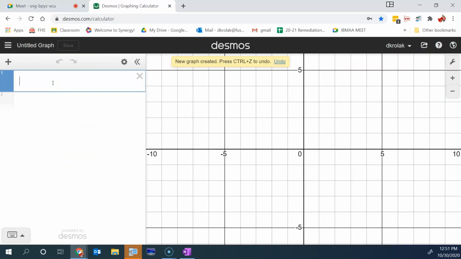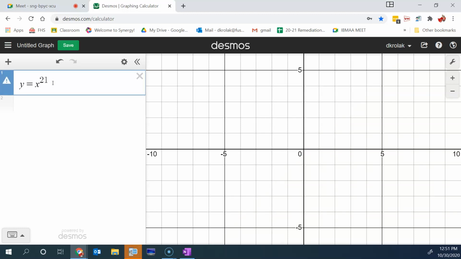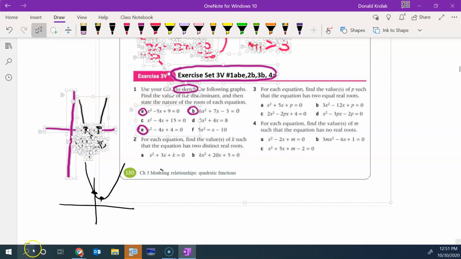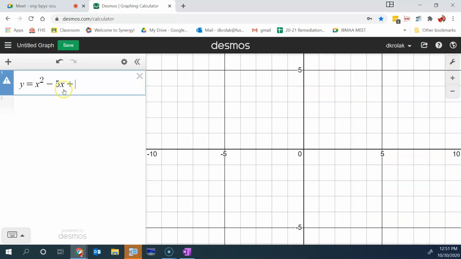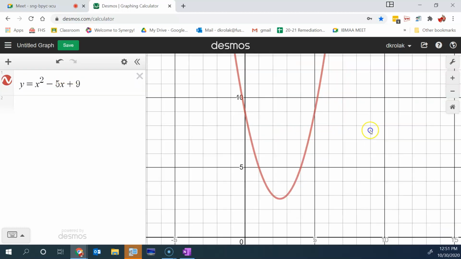If I was sketching this, y equals x squared minus 5x plus 9. All right. So I'm going to make that drawing.